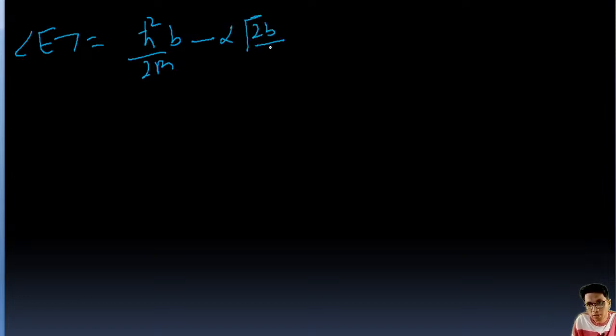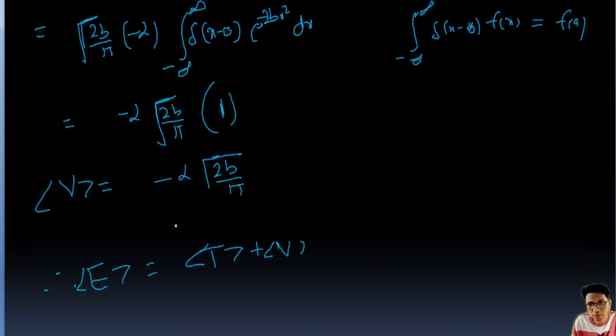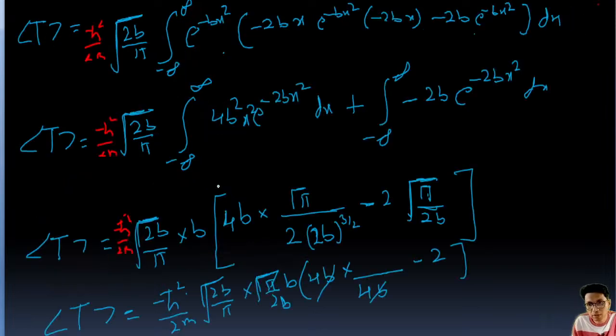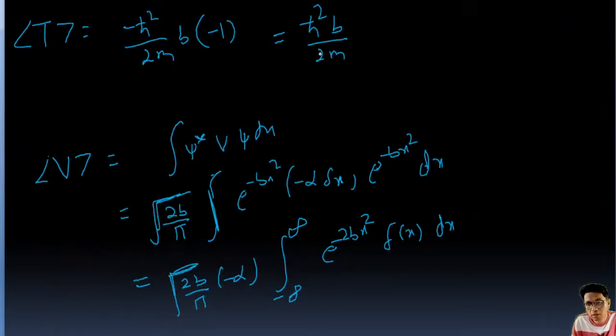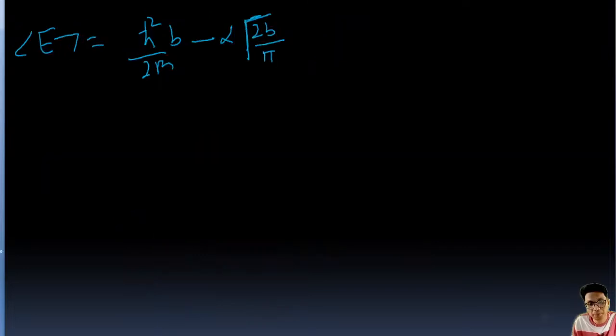Total energy E is going to be h cut square b upon 2m minus alpha root 2b upon pi. This is the E, this is the Hamiltonian.